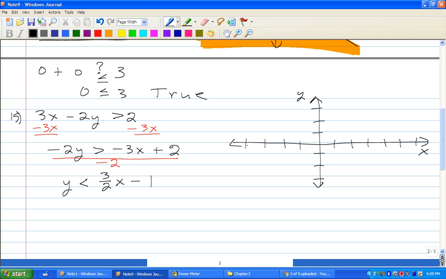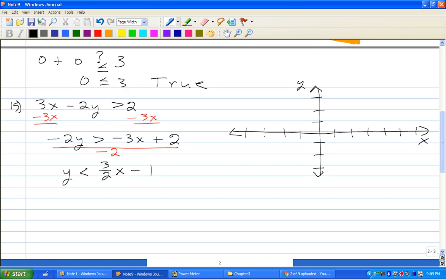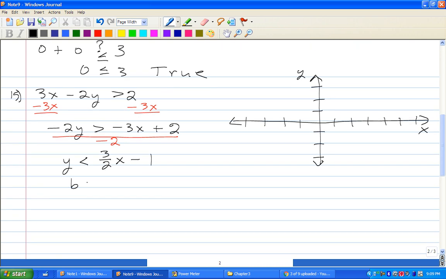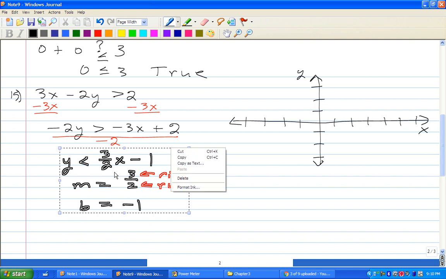Okay, so the y-intercept in this case for the boundary line is -1, and the slope, maybe I'll write the slope first. The slope of my boundary line is 3/2, and so I have a rise of 3 and a run of 2 with a y-intercept equaling -1. Actually, let me give a little bit more space here.